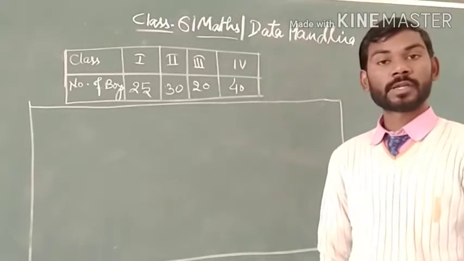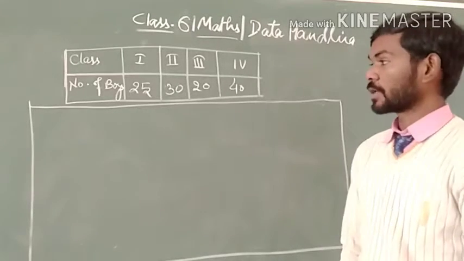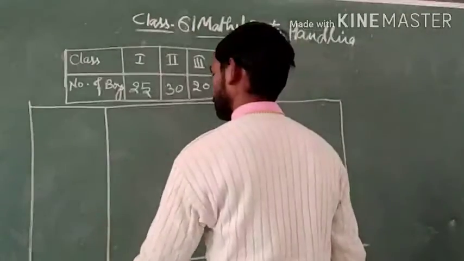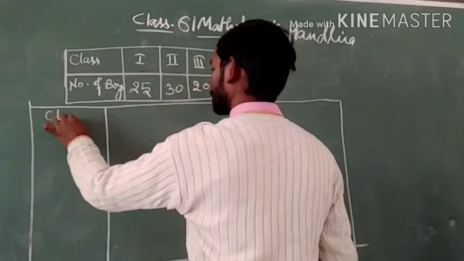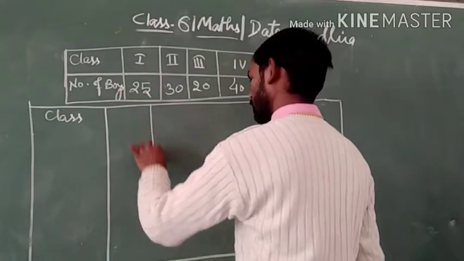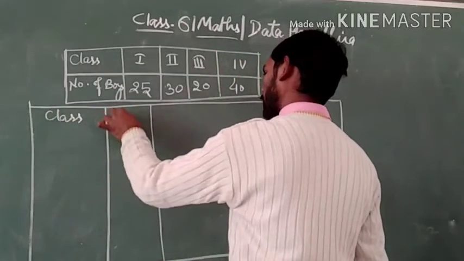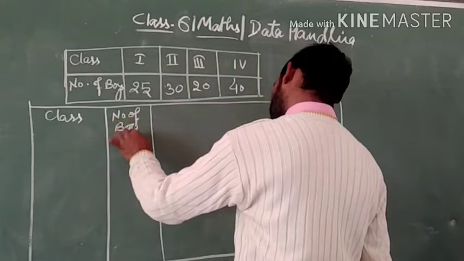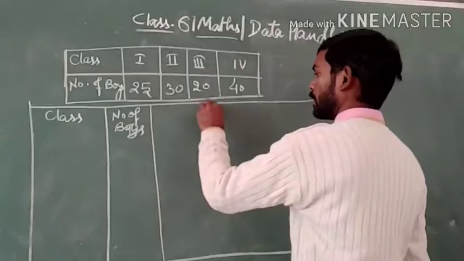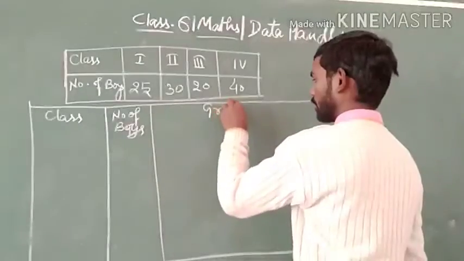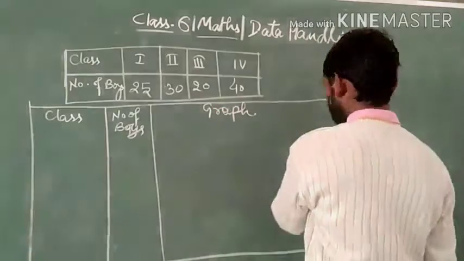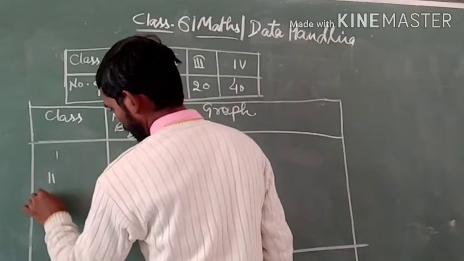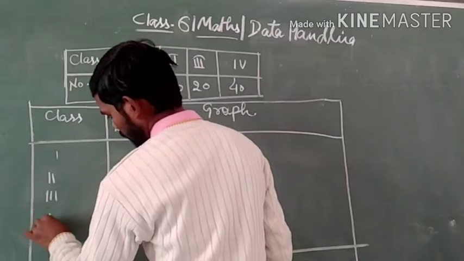Here we only represent it with the help of pictorial representation. So here we write class, number of boys and graph. Class first, second, third, fourth.